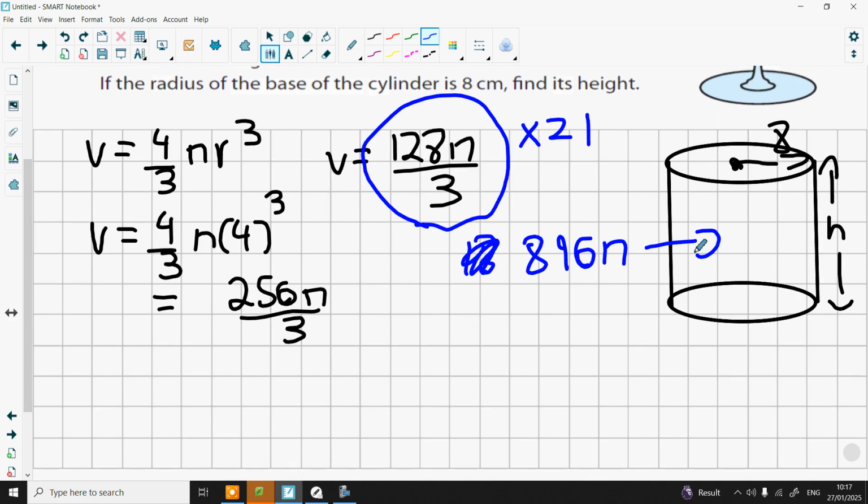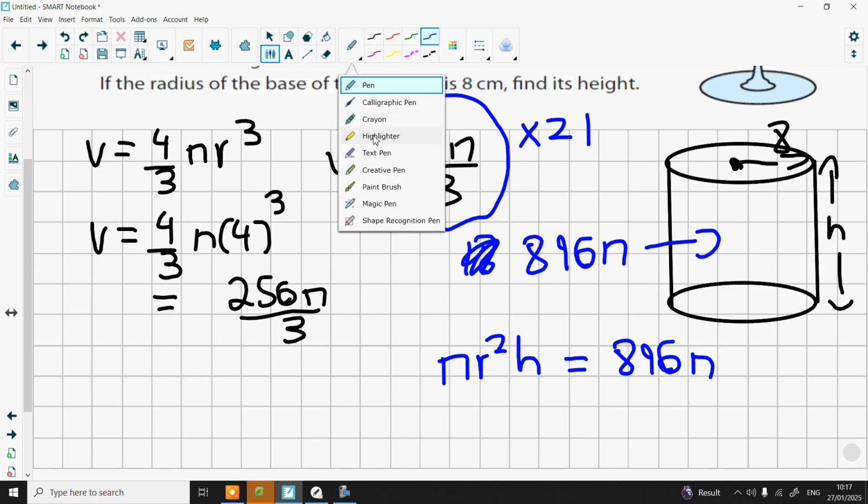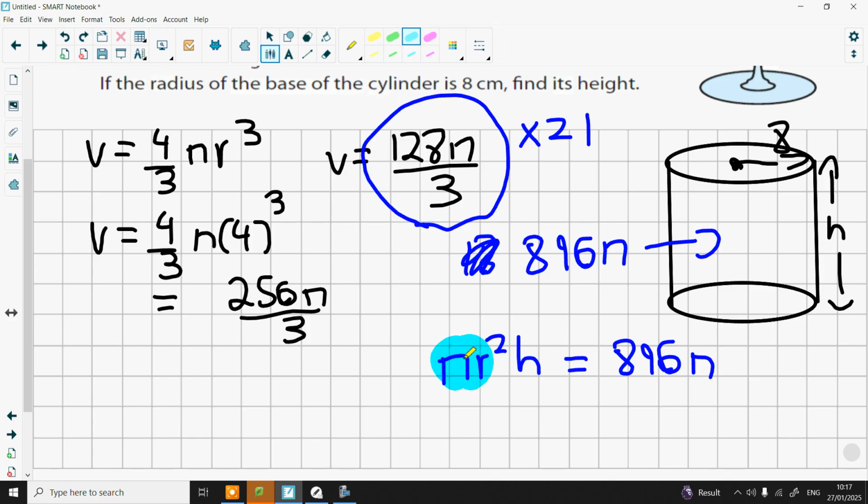Now, gents, what formula do I use? I know the volume of the cylinder now, but what is the volume of the cylinder formula? Can anybody tell me? Pi r squared h is 896 pi. Is that right? Now, what we're going to do next is the following. What happens to the pi's on both sides? They cancel, don't they?